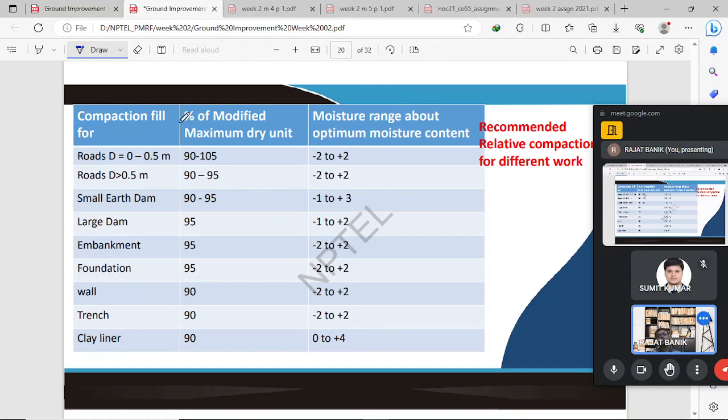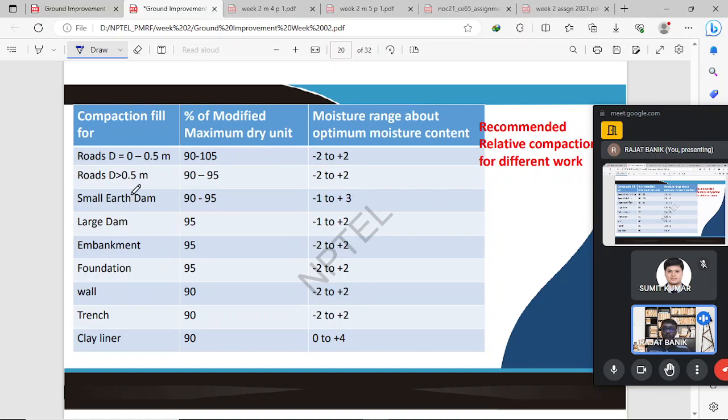For roads, if we have achieved 90 to 105% of maximum dry density with respect to the laboratory, that means relative compaction is 90 to 105, we have to maintain the moisture content from -2 to +2 of optimum. If the optimum moisture content is 16%, then the range should be 14% to 18%.